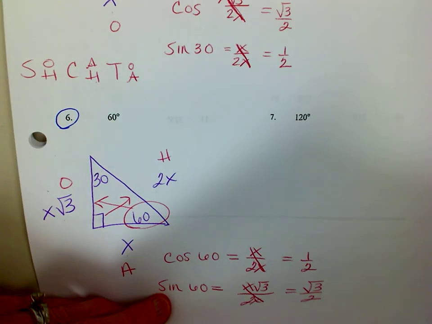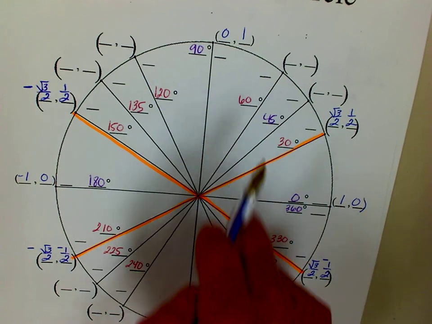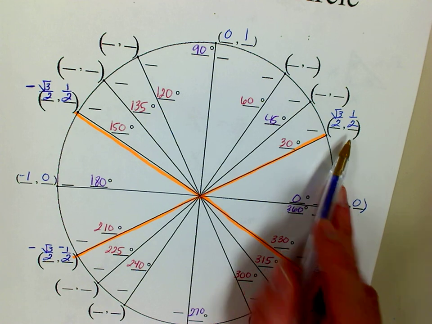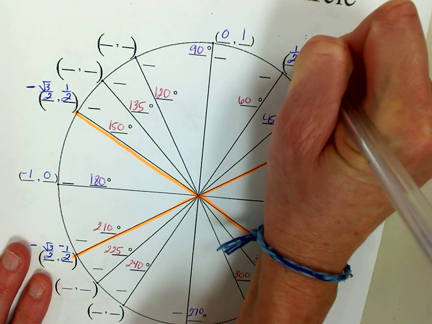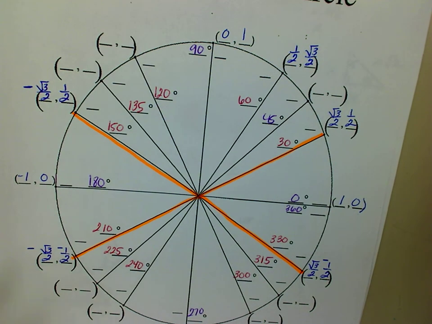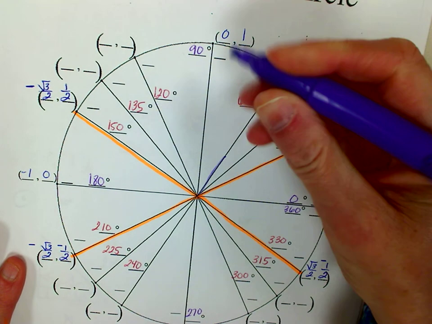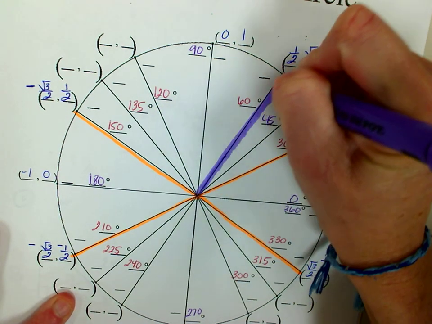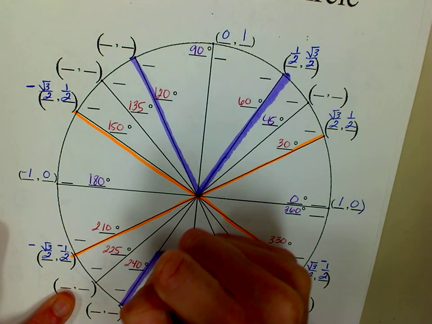Let's go back to our unit circle. You may or may not notice at 60 degrees it's these values but switched. So this is 1/2, and this is root 3 over 2. So now, all the lines that are closest to the y-axis are going to have the same ordered pairs.